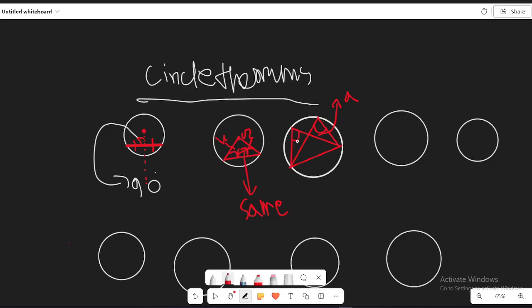Let's call this angle B. What it shows here is that if two angles are formed from the same segment on the circumference, then in that case, angle A must be equal to angle B. Okay? It must be equal if they're from the same segment slash chord.